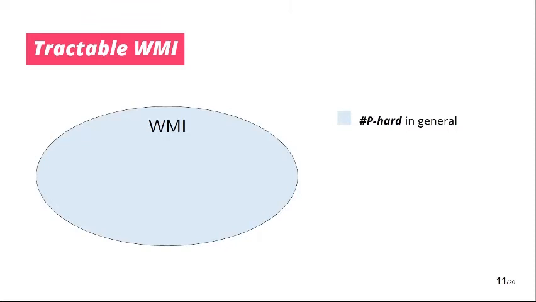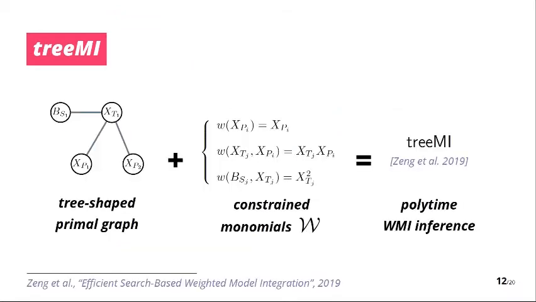First, computing the WMI in general is #P-hard, since it involves solving an arbitrarily complex integration problem in high dimensions. A previous work showed that for WMI problems with tree-shaped parameter graph and for weight functions that are constrained monomials, there exists an algorithm that can reduce the problems to the unweighted ones and then do inference in polytime.